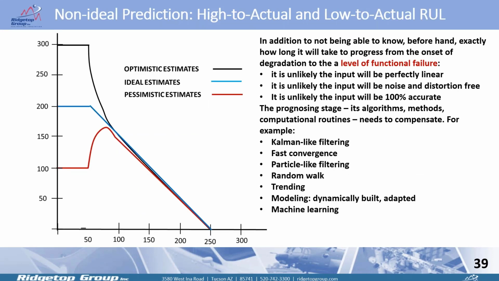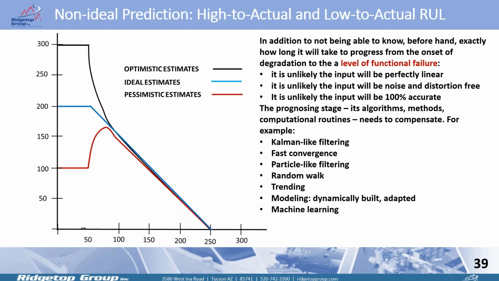Next. Even if your data is ideal, you can't predict exactly how long it's going to take for something to fail once degradation starts. So the prognostic engine, for example, if the input says this thing will last 300 hours or days after degradation begins, and let's say it actually fails in 200, the prognostic engine has to start from an error with 300, which is a 50% error, and as fast as it can, within reason, converge to the true solution.